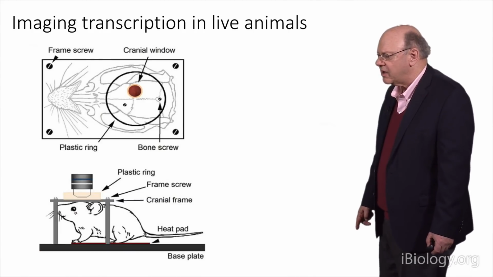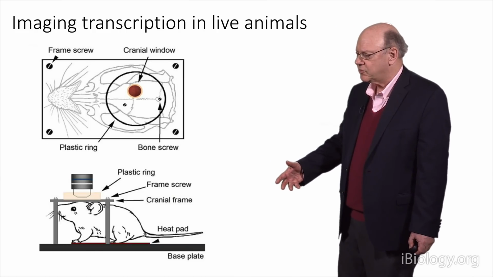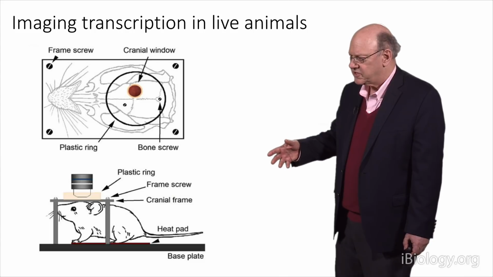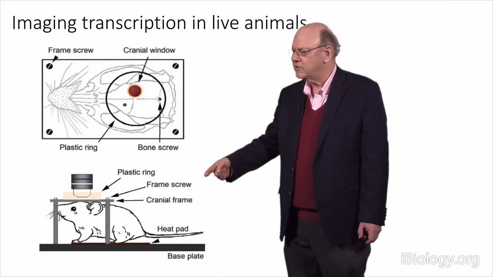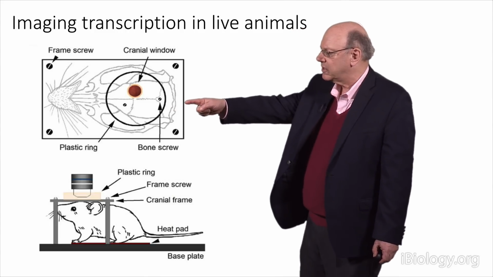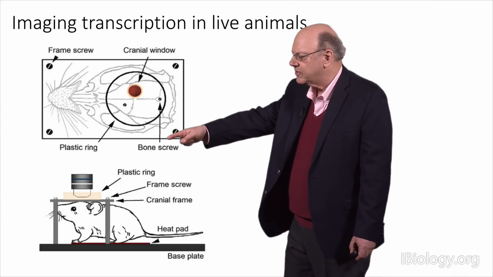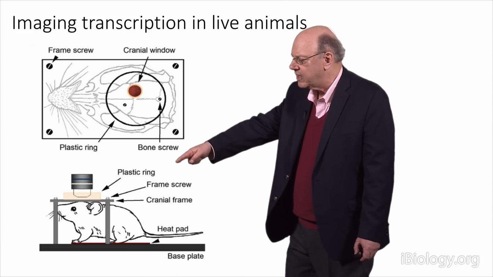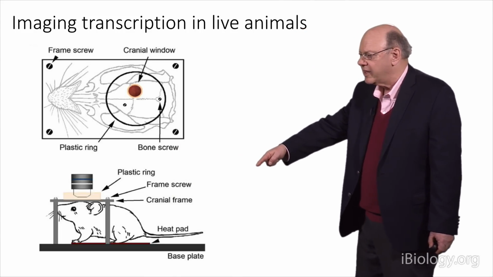Now, going forward, the future of this work, I think, is to be able to image this process in living animals. And here's a model of how this is done. You make a cranial window in the mouse head, and you can look right through this window into the active neurons, just as a mouse is behaving or learning or is stimulated in some way.